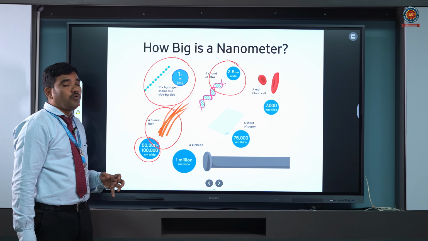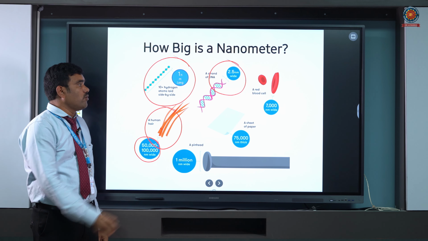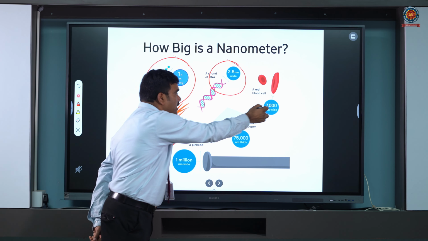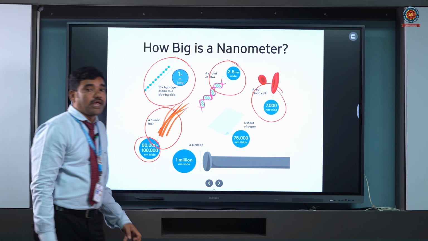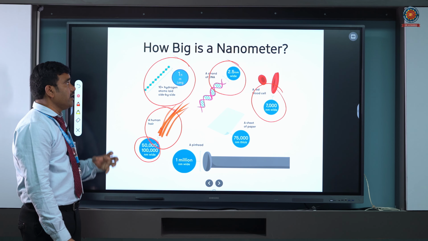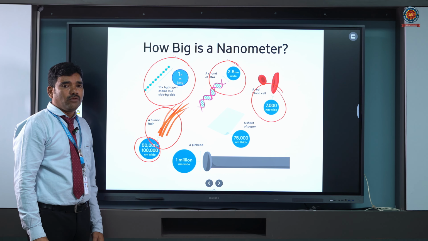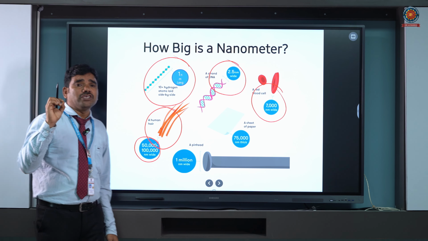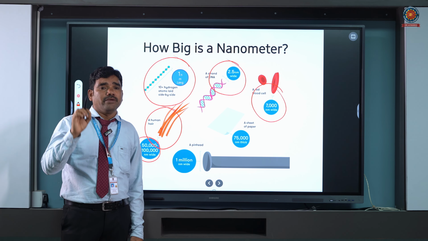DNA width is 2.5 nanometers. Our human red blood cell width is 7,000 nanometers. See how big a nanometer is. Just imagine, these are very small pieces.